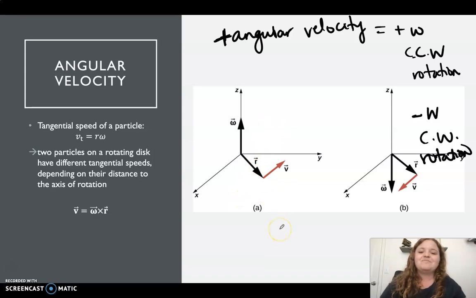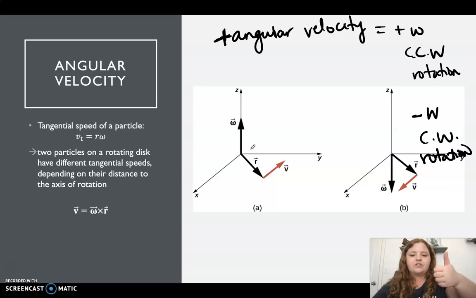Okay. Anyway, so this is just showing you these different relations if we have a positive omega or a negative omega. And when I say positive or negative, I mean along the z-axis, okay? So if we have a positive omega, so we have that it's this way, okay?